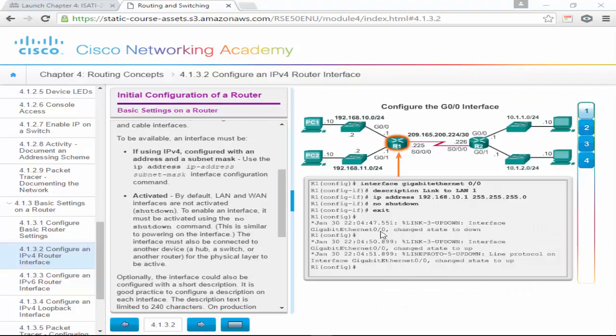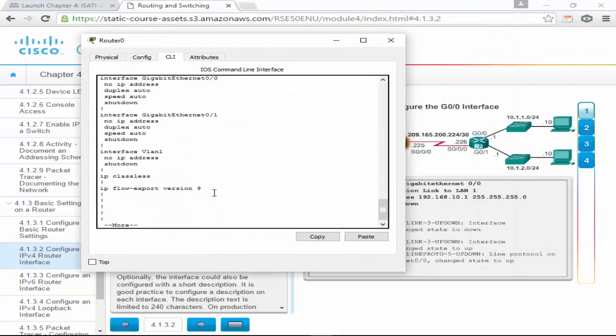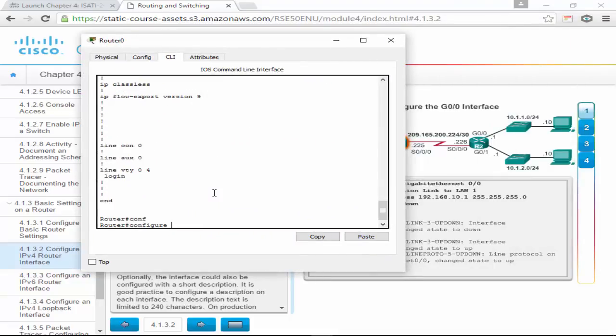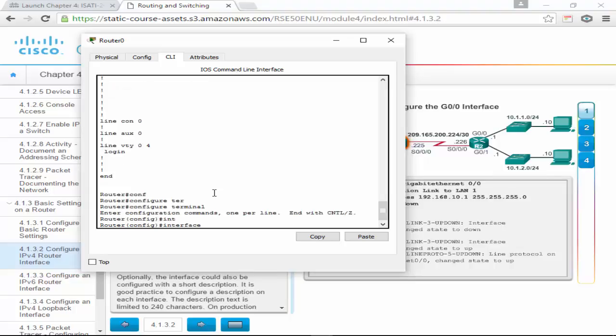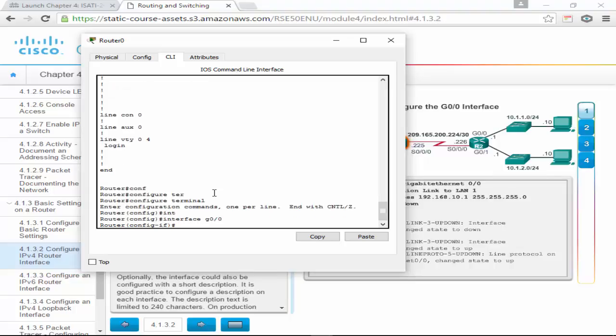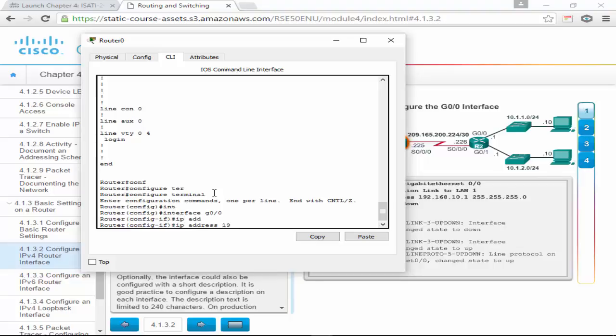Okay, so how do we set an IP address? I'll just do it for you. Global config: configure terminal, interface G0/0. I could turn this on right now if I wanted to, but the first thing I'm going to do is ip address 192.168.1.0. No, I'm not going to do 1.0 because I'm going to put a /24 on it, and that is called a network address, and that's one of the addresses I can't use.